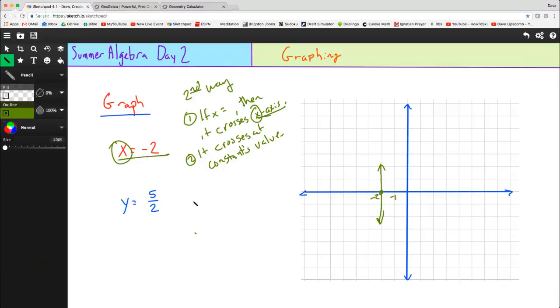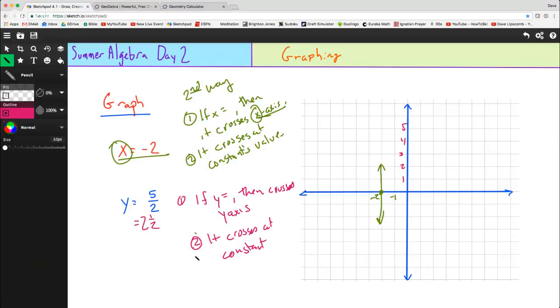Similarly, if y equals a constant, then it crosses the y-axis at the constant. So it crosses the y-axis somewhere at 1, 2, 3, 4, 5. 5 halves is the same as 2.5. So it crosses at 2.5. And now draw the line that crosses the y-axis. Done.